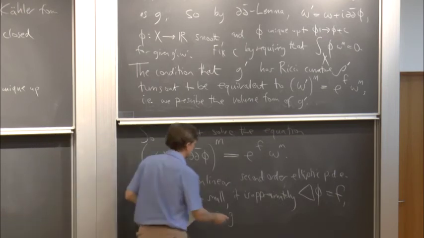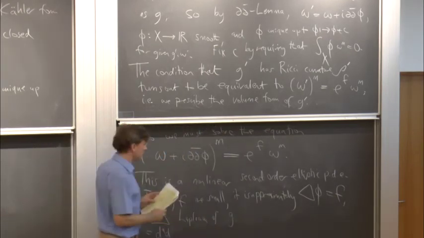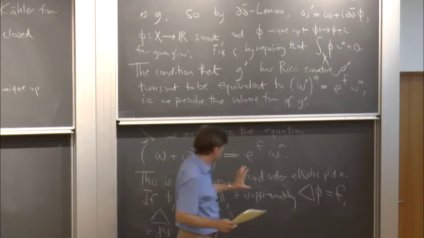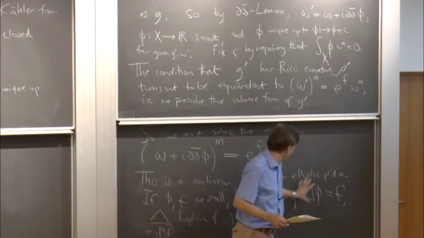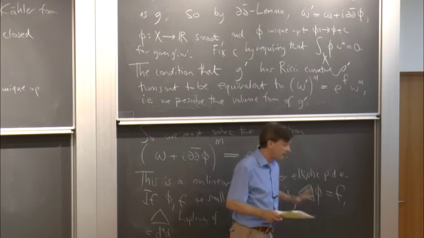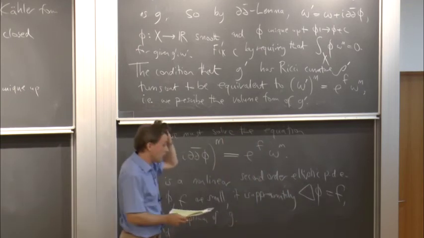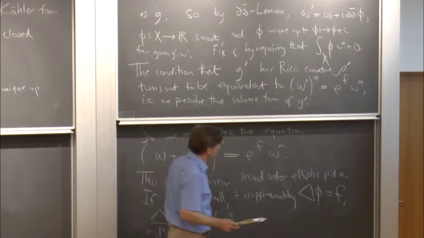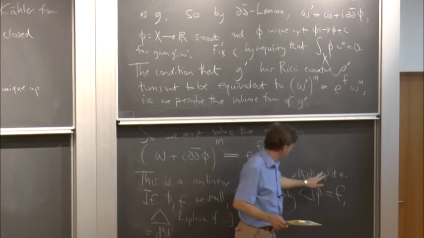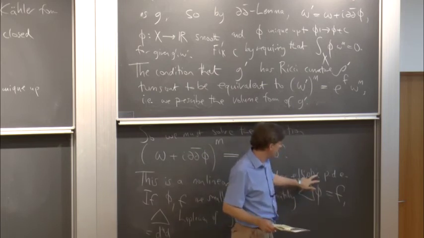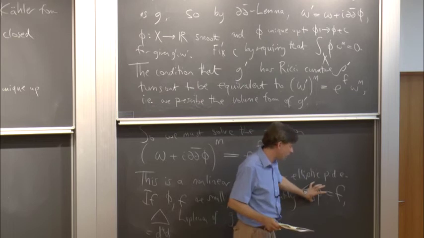Now actually we know a lot about the existence of solutions of the Laplacian of phi equals f on a compact manifold. In fact, if the integral of f is 0, then the solution phi exists, and the solution phi is unique provided the integral of phi is 0.